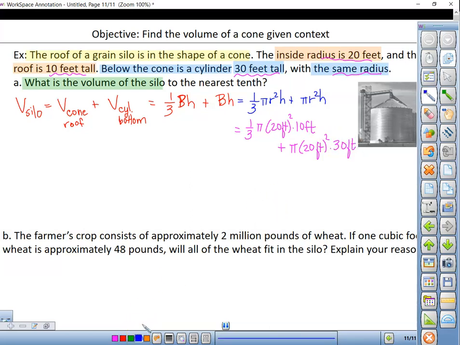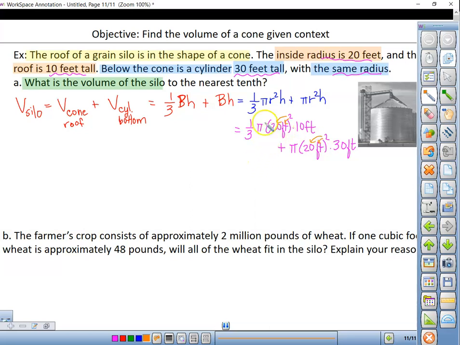Now you could, as long as you practice best practices with rounding, find these volumes individually and then add them together, but this is a little more efficient. We are now just going to let our calculators do all of this calculation. So remember, here we're squaring the 20 as well as the feet, and here also.